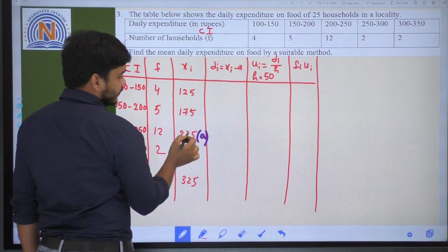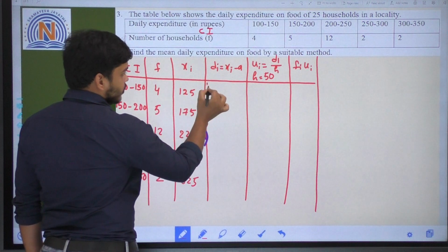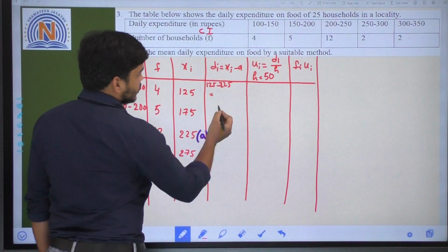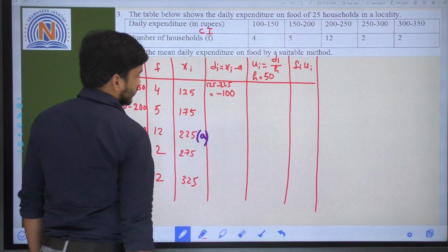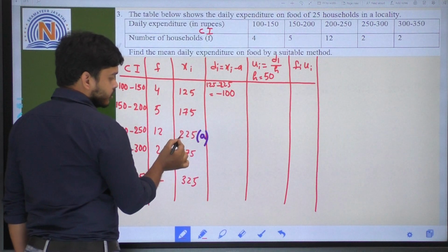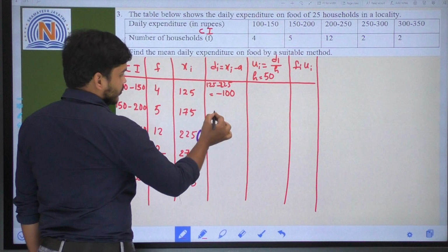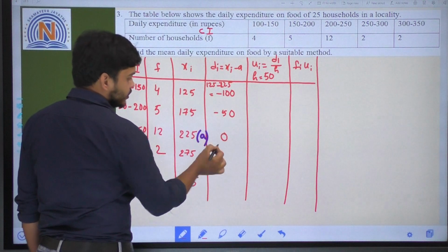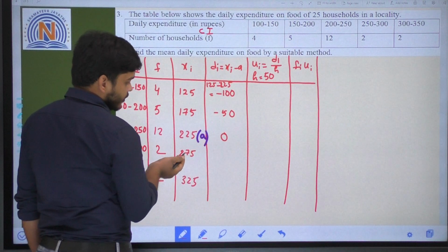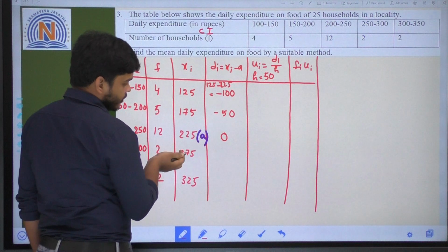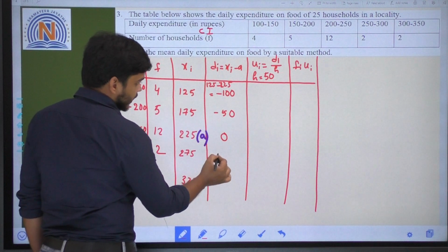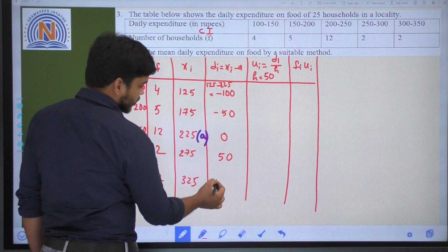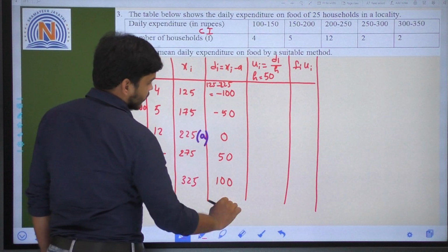That is 125 minus 225, which is minus 100. In the same way, 175 minus 225 is minus 50, 225 minus 225 is 0, 275 minus 225 is plus 50, and 325 minus 225 is 100.